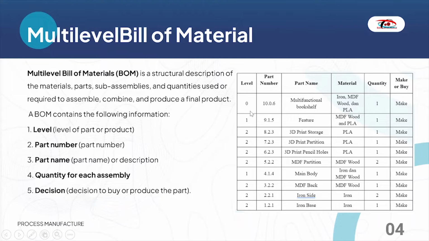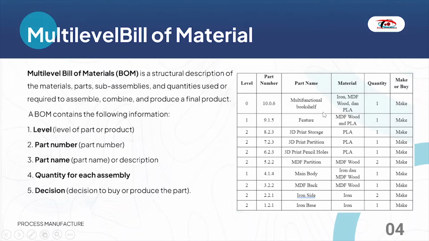For the part number, there are 3 digits. The first digit is defined as the number of the process. The second digit shows the level, and the third digit shows the definition of the material of the part that we will produce.